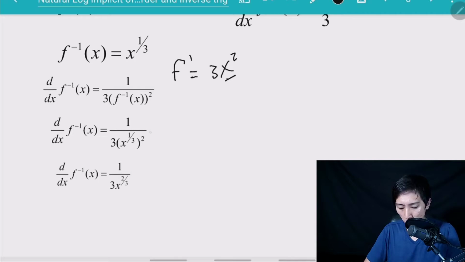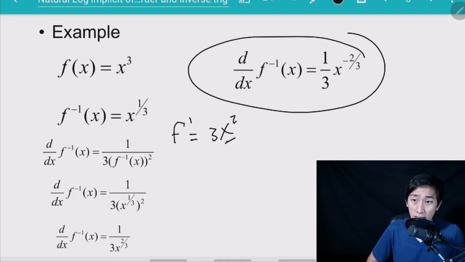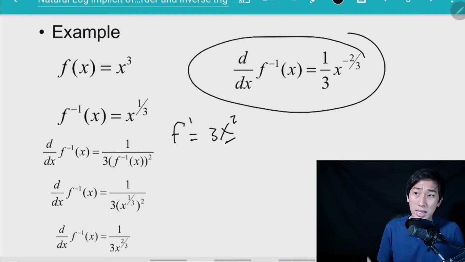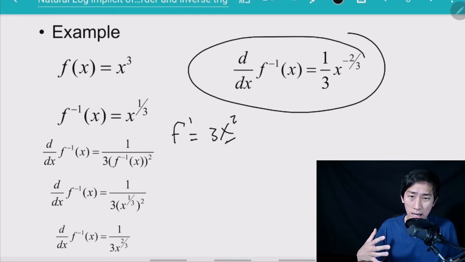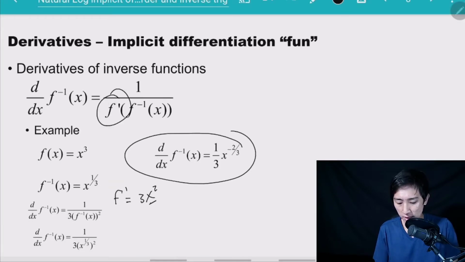So we get 1 over 3 x to the 2 over 3, or another way to write that is 1/3 x to the negative 2 over 3. And again, in this case, it's really easy. It's not worth using this equation because we're able to use power rule to find the derivative of this x to the 1/3 function. But that's how this inverse derivative formula works. It says use the original function, take the derivative of that, and then plug in your inverse function.